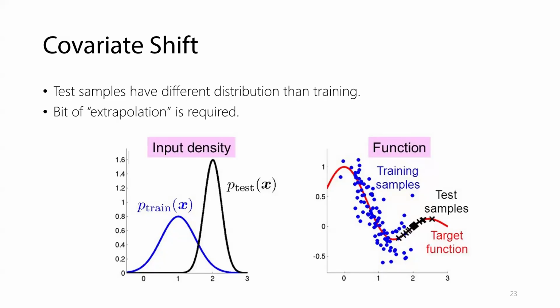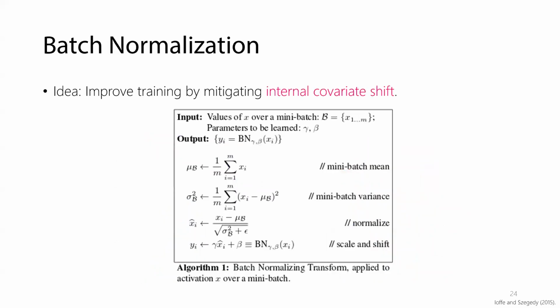Here in this diagram we have the distribution in the training data set, and let's say the test data set happens to be slightly off that training distribution. In that case, your model may not generalize very well. So people have been looking into ways of overcoming those scenarios, and batch normalization is one of them.